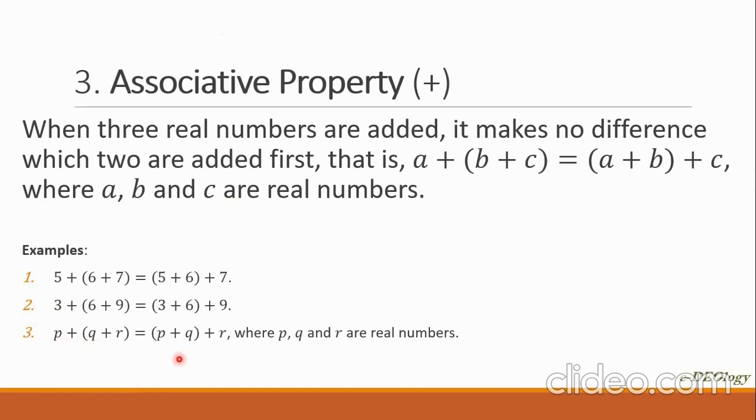On the right side we have p plus q. Then after getting the sum, we will add this to the r. And as the associative property says, whether we add the last two numbers or the first two numbers, we will have the same answer.